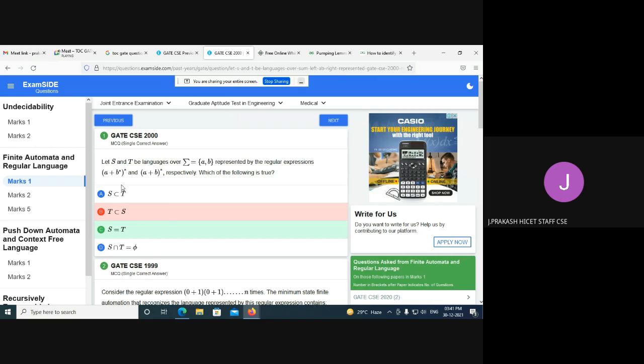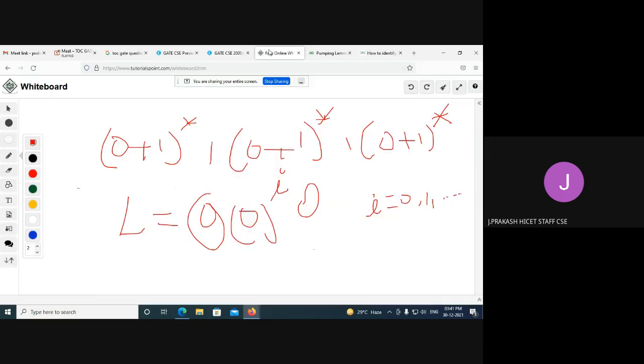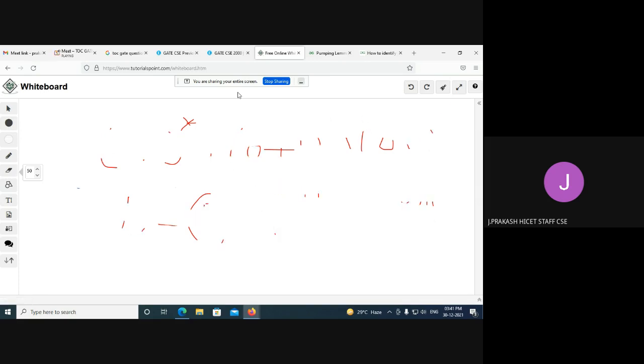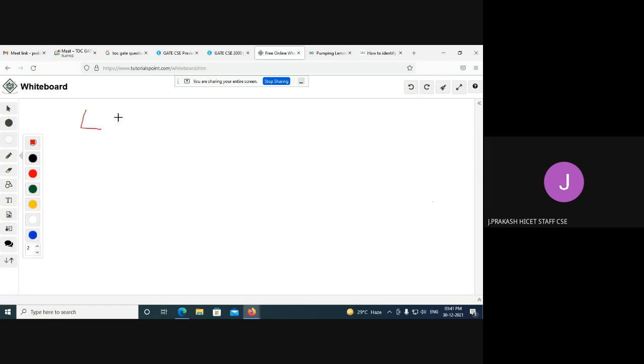So b star will produce epsilon, 1, 2. That is (a plus b star) whole star.